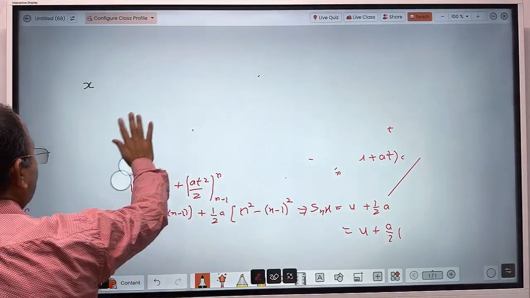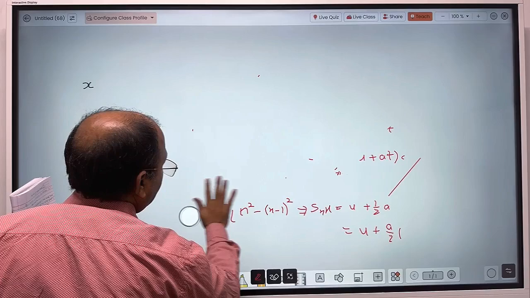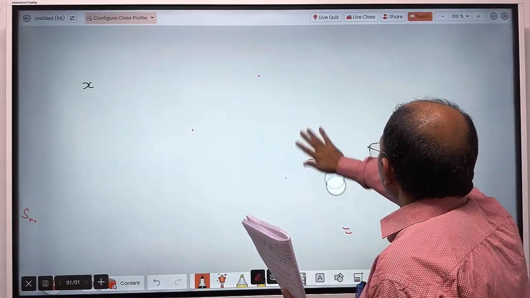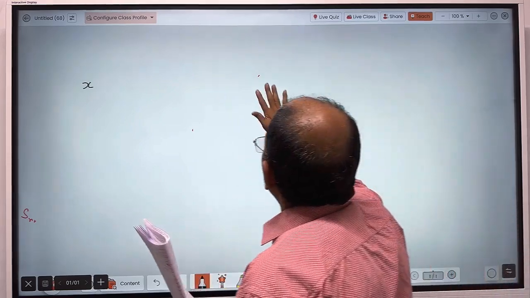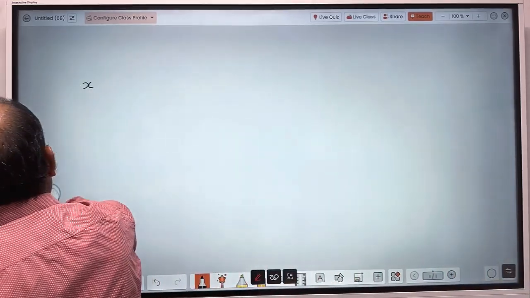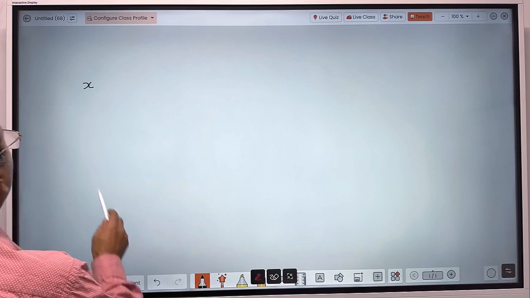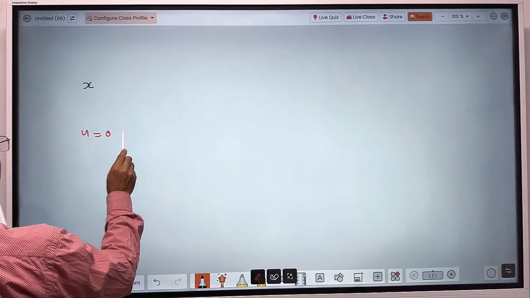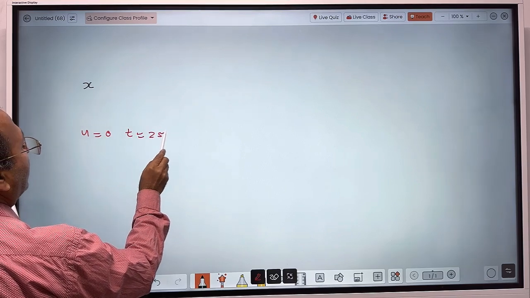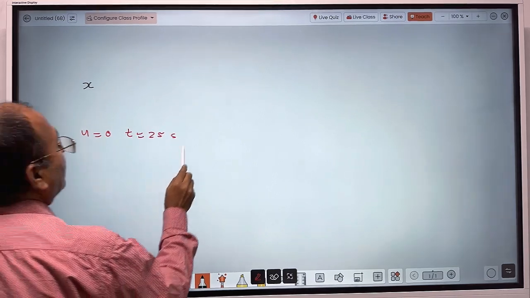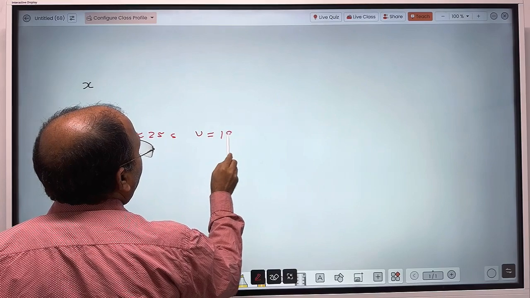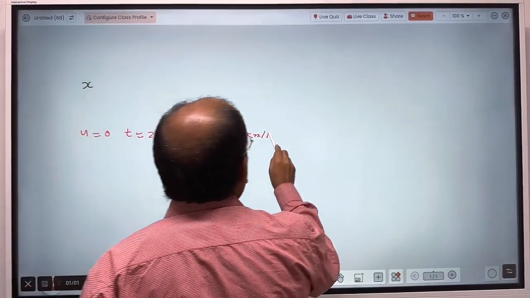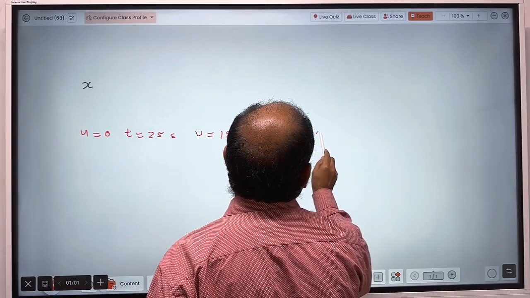Let's see some numericals. You are given u equal to 0, t equal to 25 seconds, v equal to 180 kilometer per hour, and you have to find out the distance traveled.